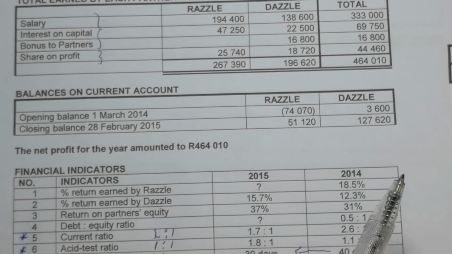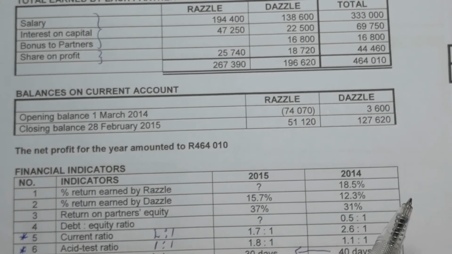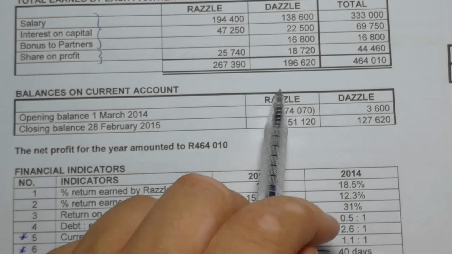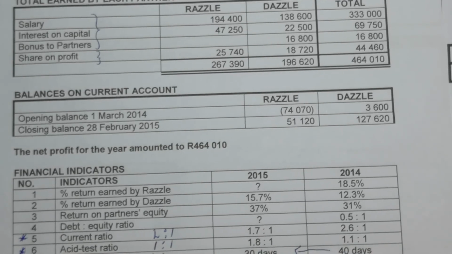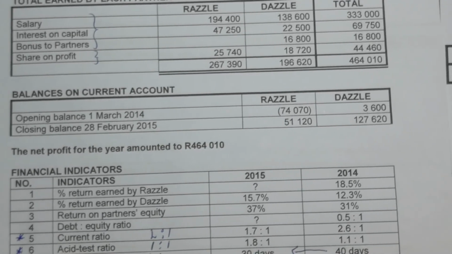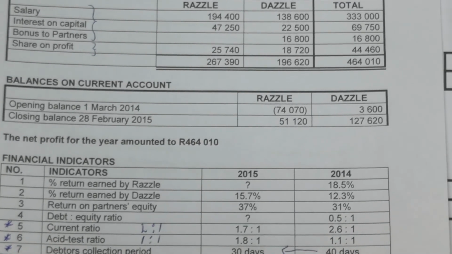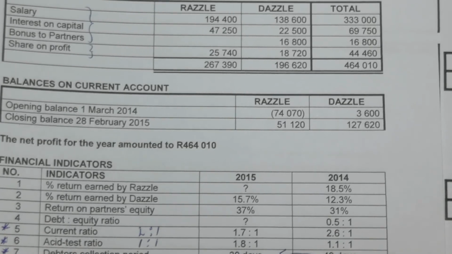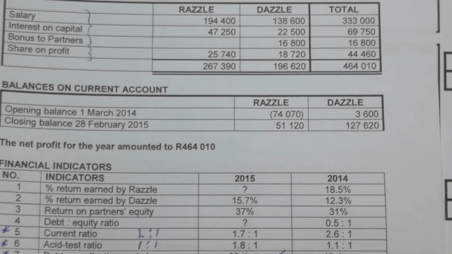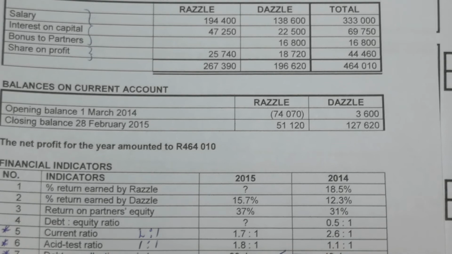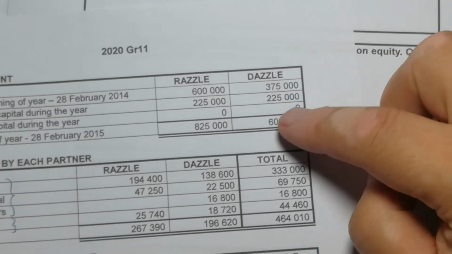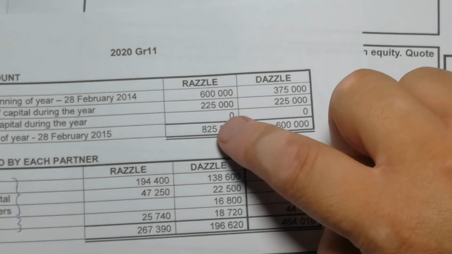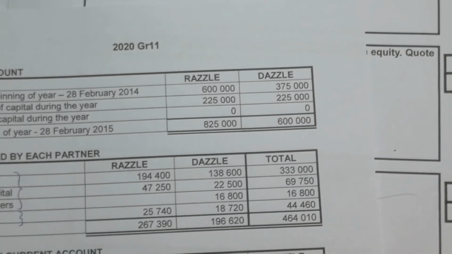So she maintained a positive current account balance. Razzle's is negative, hers is positive. She should not feel this way, because her contribution is actually going well, as opposed to her capital contribution, which is only 600,000, where Razzle's is more. So her money is working hard for her.